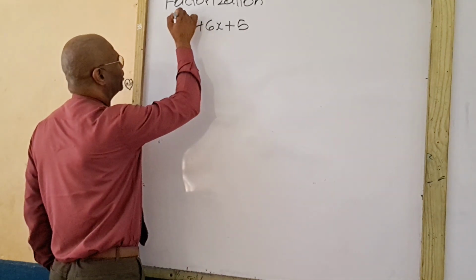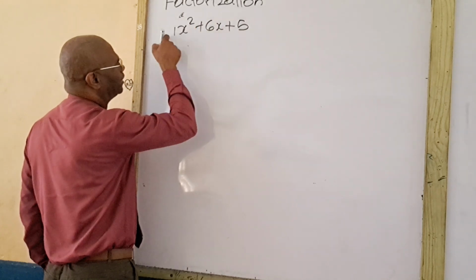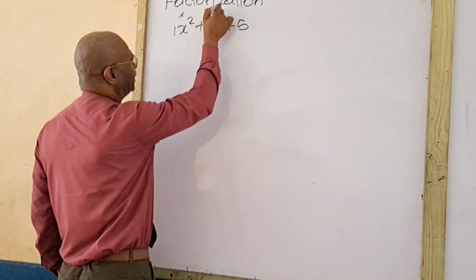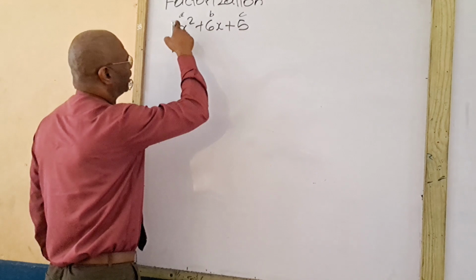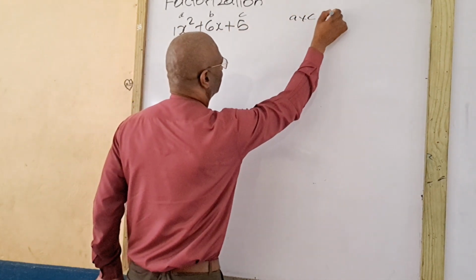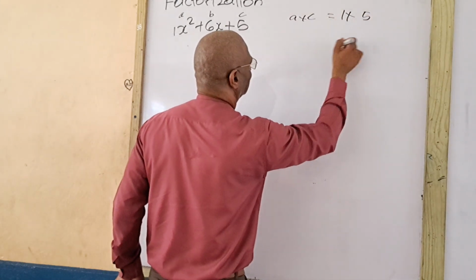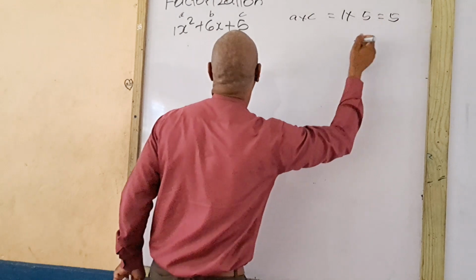So let's do that. a would be equal to 1. You can put it there. B, C. So a times c is 1 times 5, equal to 5.